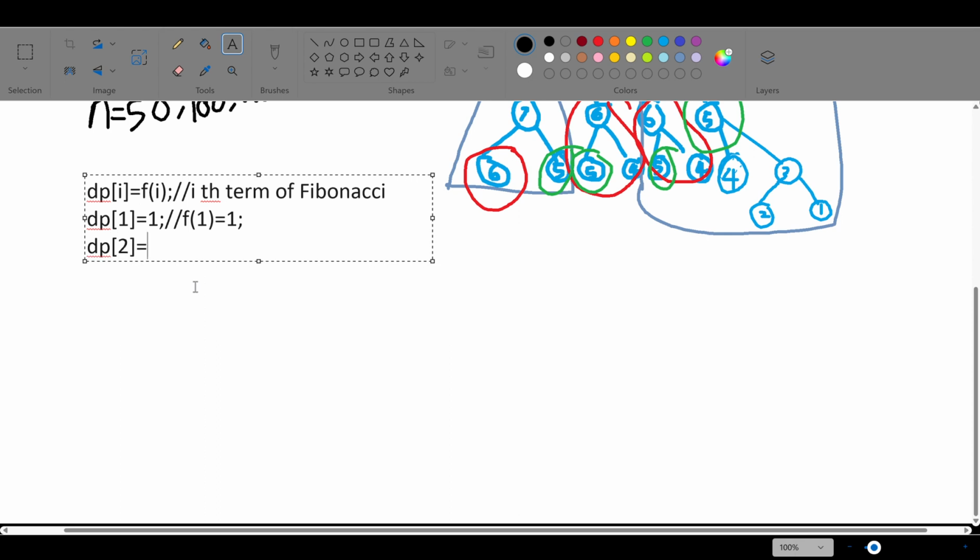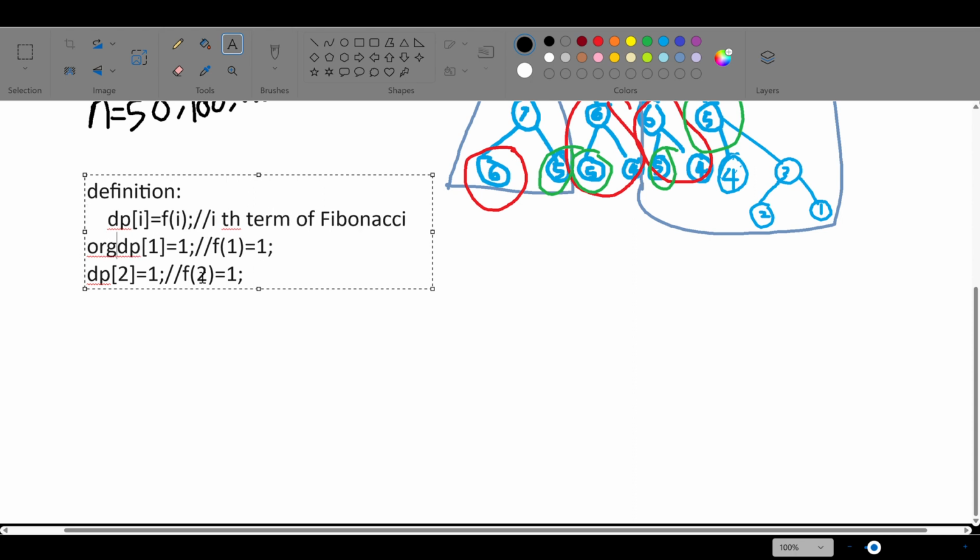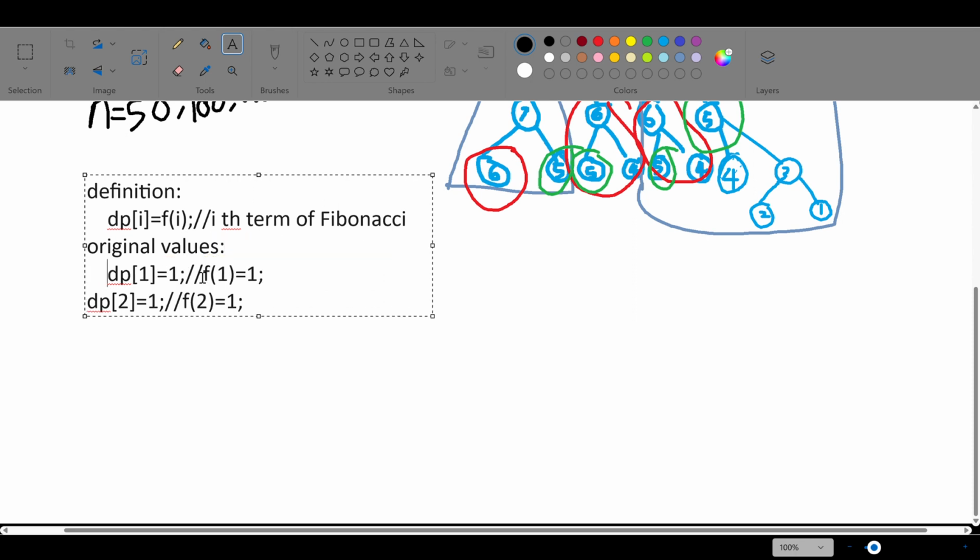In this case, the first two terms are the original values: dp1 equals 1 because F1 is 1, and also dp2 is equal to 1, so F2 is equal to 1. These dash lines here are just annotations, so the computer won't read them when compiling this program. So basically, this is our definition, and these are our original values.